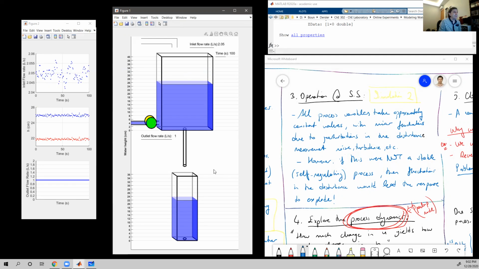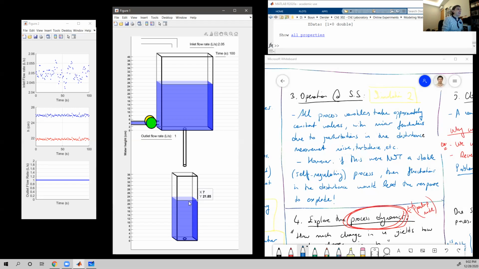But this is a self-regulating process, and for 100 seconds it has run, as you can see, it just moves around this value all the time. So it is at steady state, and this is a typical operating point for your design calculations, your project calculations in the design course, and also in the process control course, your operating point around which you operate your process.